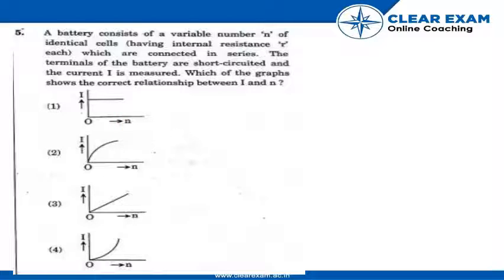Okay, first let's see what is the formula of I. I is equal to nE by nR, where E and R are constant.